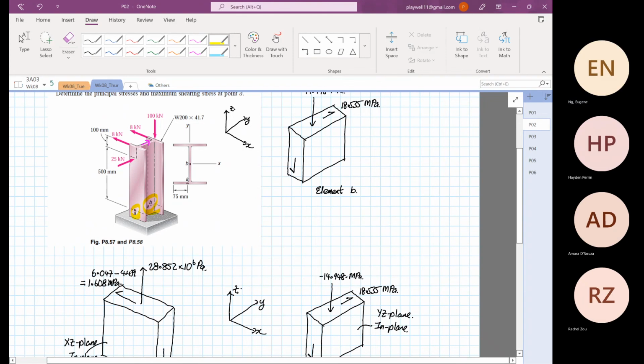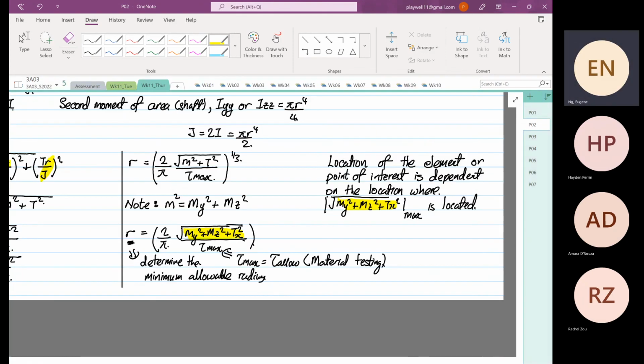So for the shaft design, we have to find where is the location or point of interest. Okay, it's dependent on where the square root of the moment and the torque, the whole thing, the maximum is located. That is where the point of interest is. Okay, so this is something new.